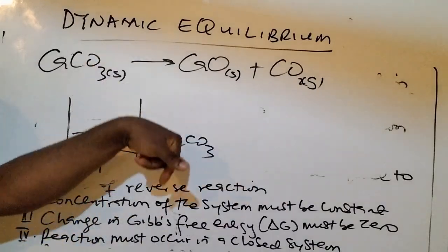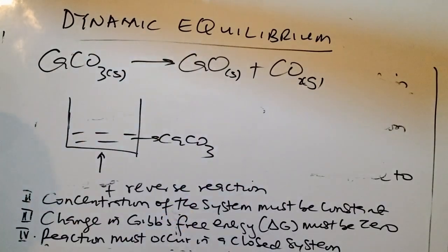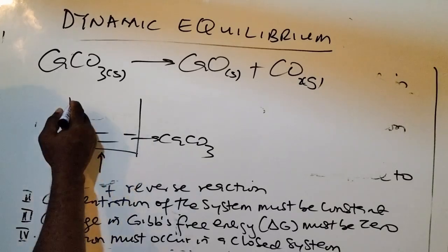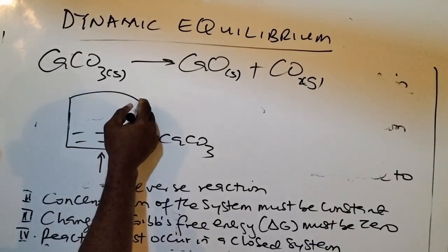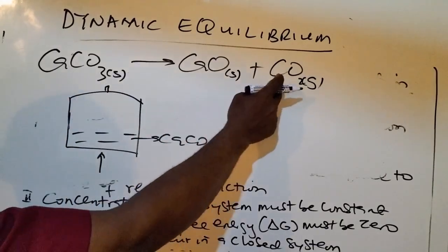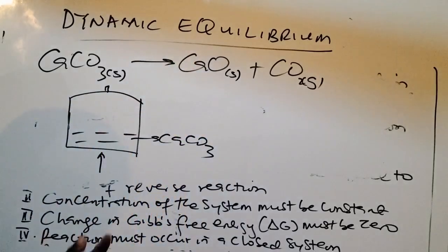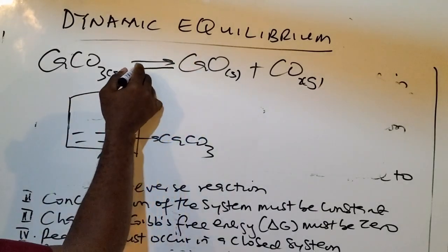It will be escaping from the system. So you cannot have equilibrium in this condition. But if the vessel is covered with a tight lid, covered very well to prevent the CO2 from going out, then this reaction can now attain equilibrium.